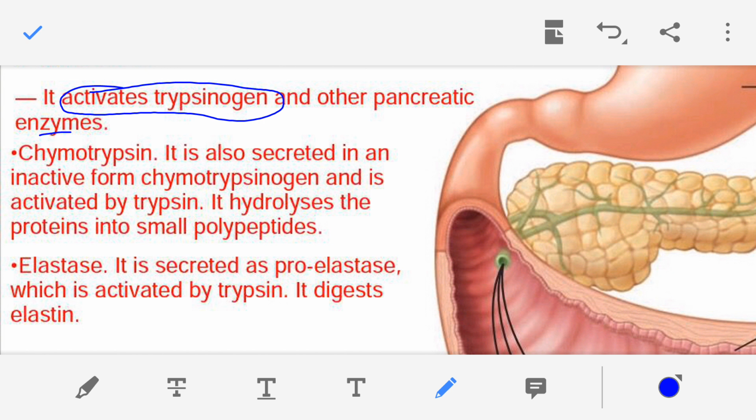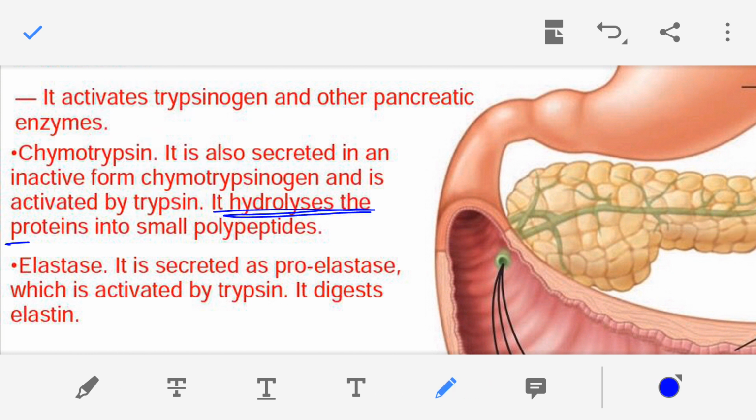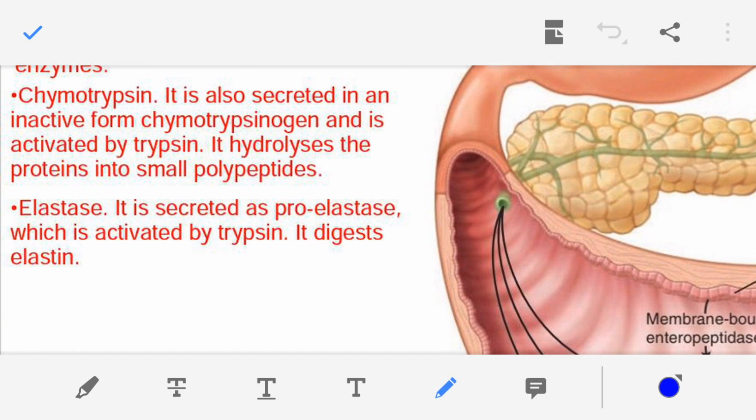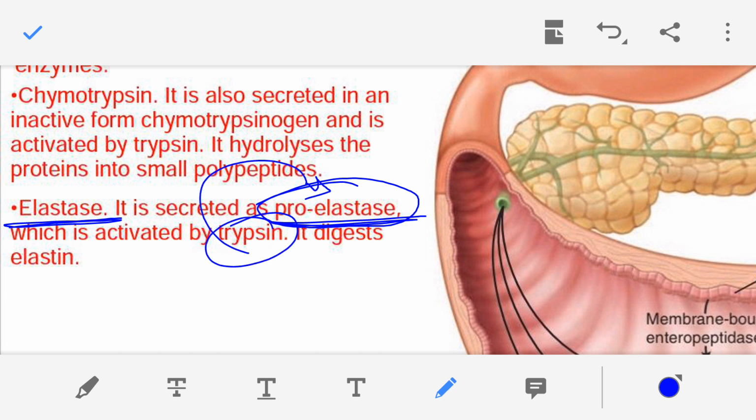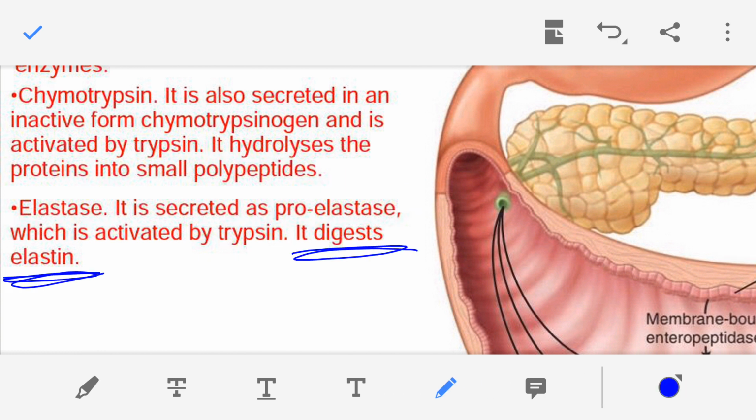Then chymotrypsinogen, in inactive form, is acted upon by trypsin and converted into chymotrypsin. Chymotrypsin hydrolyzes protein into small polypeptides. Then another enzyme, elastase. Elastase is secreted as proelastase, and this proelastase is also activated by trypsin and converted into elastase. Elastase digests elastin.